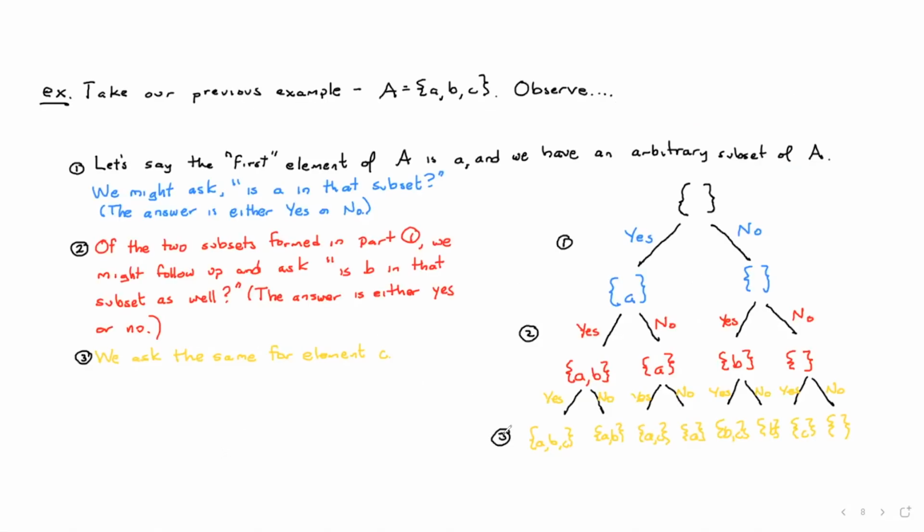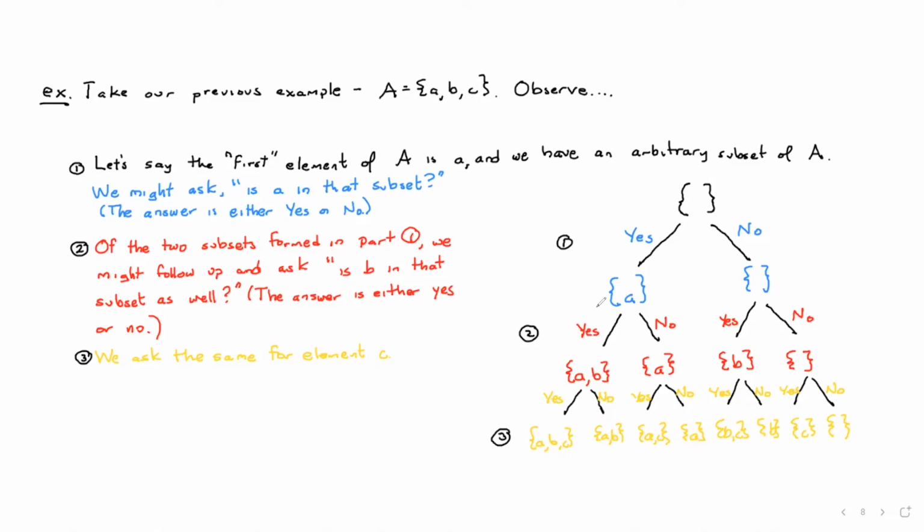So let's see. I'm going to start with an empty set and then fill it up. And how am I going to do that? Well, I'm going to look at the quote unquote first element of A, which we're just going to say is little a. And we might ask, well, is little a in this arbitrary subset of big A? And the answer to that is either yes or no. Now that's depicted by the little 1 over here, this part of the diagram.